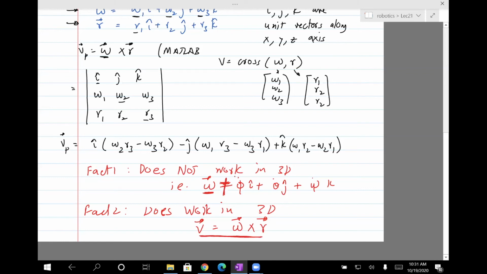Okay, so the second half of today's class, I'm going to try to show you how to derive an expression for this, how to get omega in 3D.